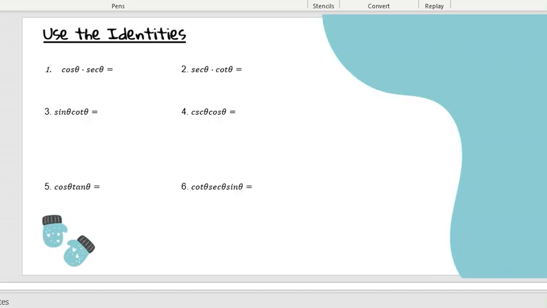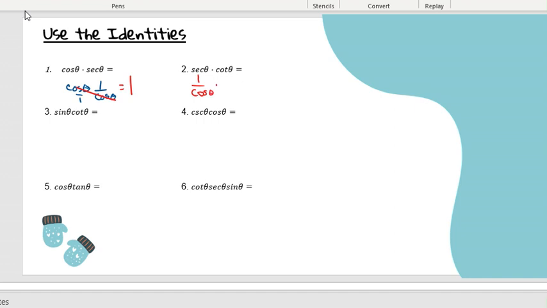All right, so let's see some use of the identities. Cosine, I'm going to leave alone, so I'd rewrite cosine theta, and then secant becomes 1 over cosine theta, and when one's on top, one's on the bottom, these cancel, and that just leaves you 1. This one is 1 over cosine, I had to stop and think about it, sorry.